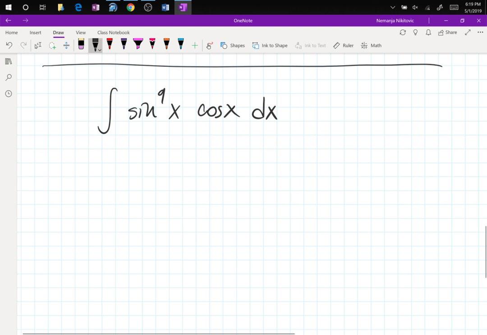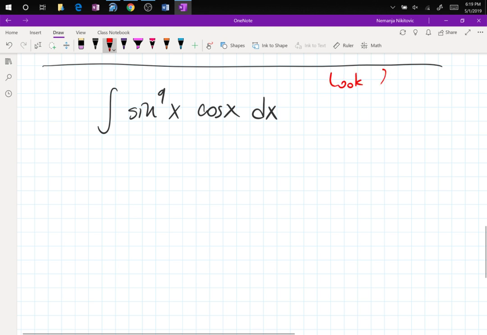What I want to introduce as a technique to solve u-sub problems is something that I came up with as a student to understand these things better, and that was: look for function derivative pair.